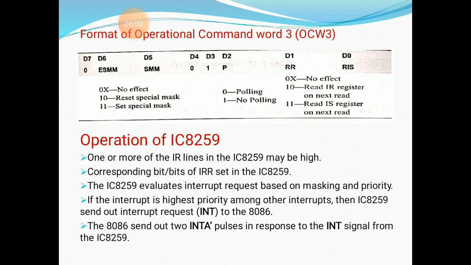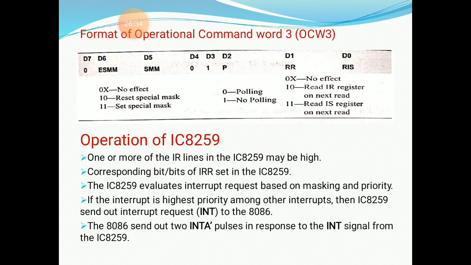Now let us see the third one, the format of operational command word 3, OCW3. It consists of 8 bits, D0 to D7. The D0 bit belongs to read ISR register on next RD pulse. The D1 bit belongs to read IR register on next RD pulse. So by combining these 2 bits, the processor can read either the ISR register or the IRR register on the next RD pulse.